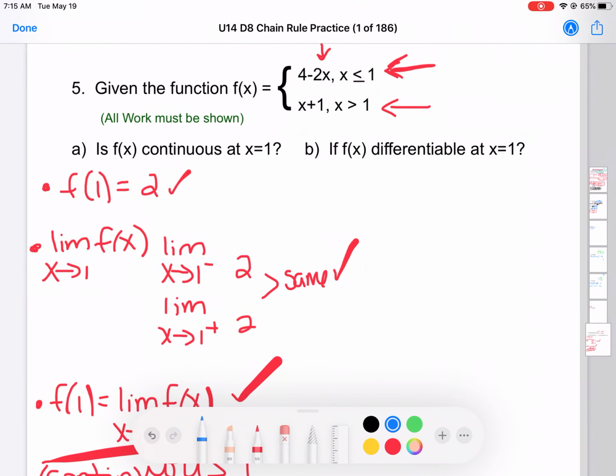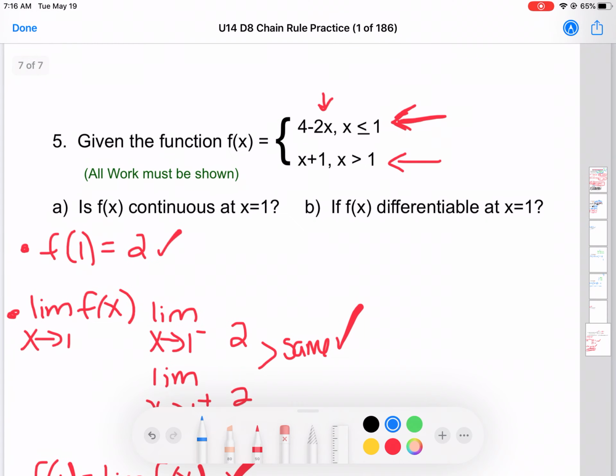Okay, so now what we have to do is we have to do the derivative. So let's take the derivative of the function. So the derivative of each piece. So 4 minus 2x is going to be negative 2 with the same domain. The derivative of x plus 1 is going to be 1 with that same domain.